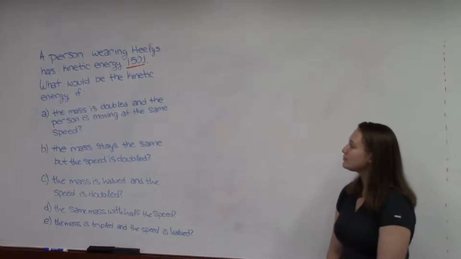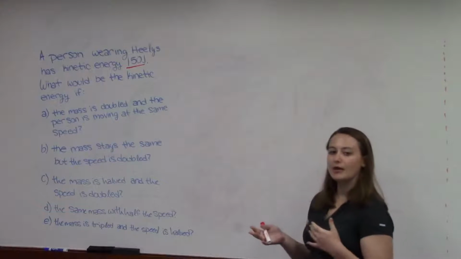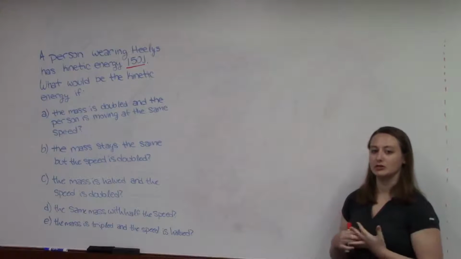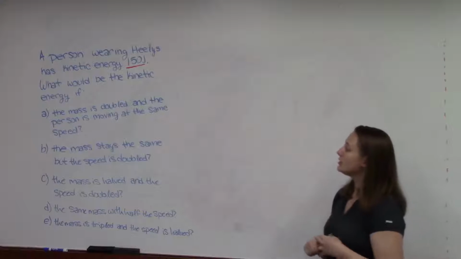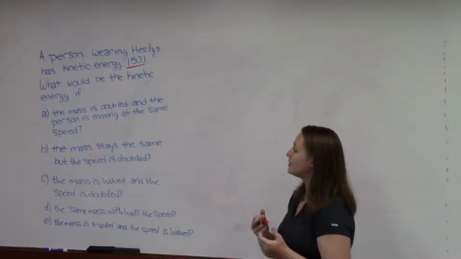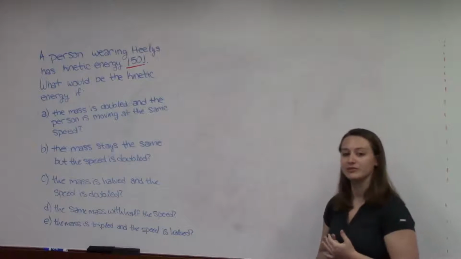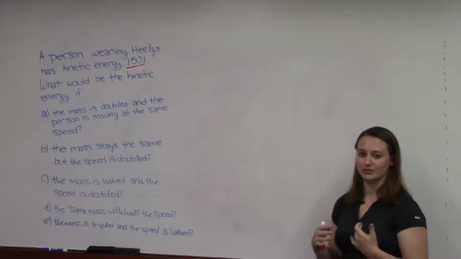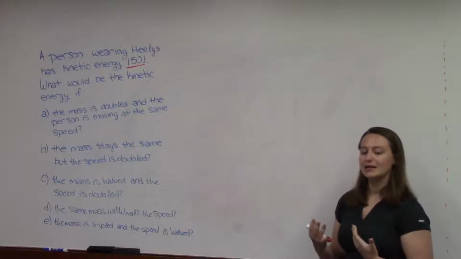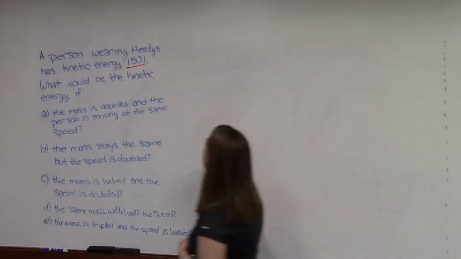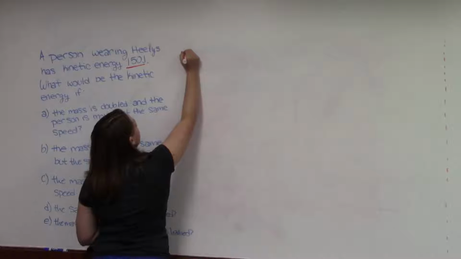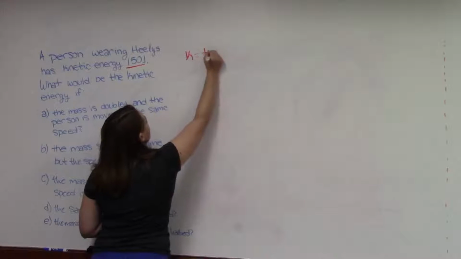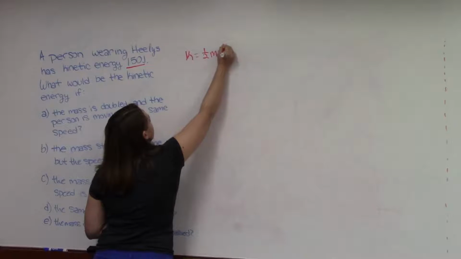Alright, so in this problem, we're looking at how kinetic energy changes based on whether our mass or our speed change. We're given that our initial kinetic energy is 150 joules. To see how that changes with mass or velocity, we need our kinetic energy formula: kinetic energy equals 1/2 mv squared.